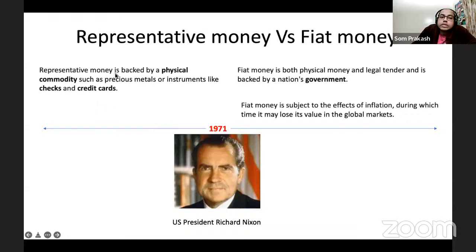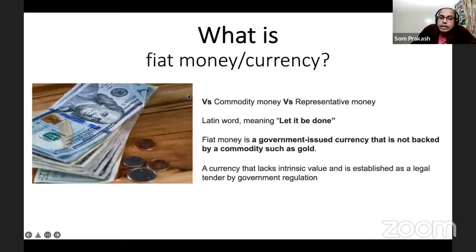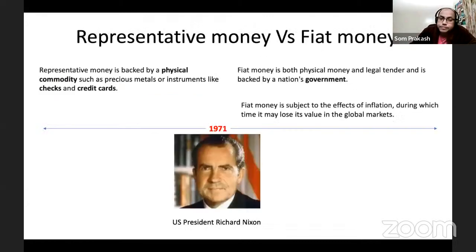Okay, so now you see that representative money is backed by physical commodities such as precious metal or instruments like checks and credits. So you have to understand here, representative money is backed by a commodity. It is not the commodity. In the case of commodity money, what we are exchanging is the commodity.